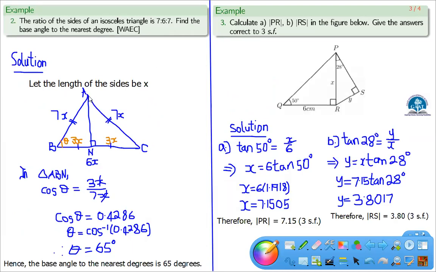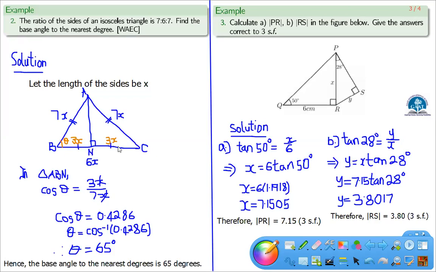Introducing the height of the triangle, a straight line from the apex to the base, that line will bisect the triangle into 2 equal parts, and therefore divide the baseline into 2 equal parts. Since length BC is 6x, length BN will be 3x, while NC will also be 3x.